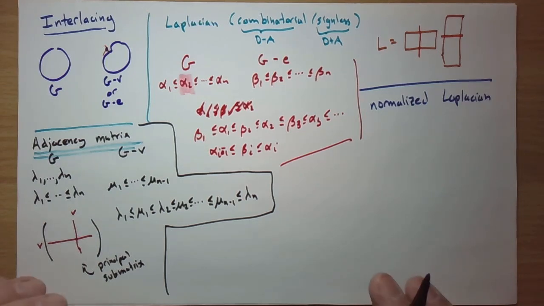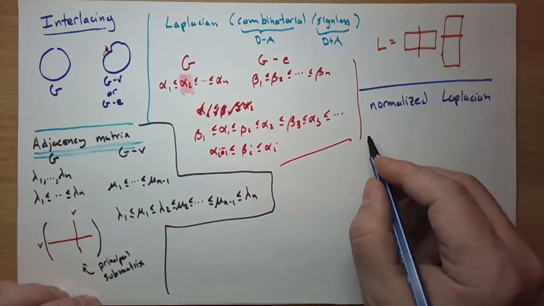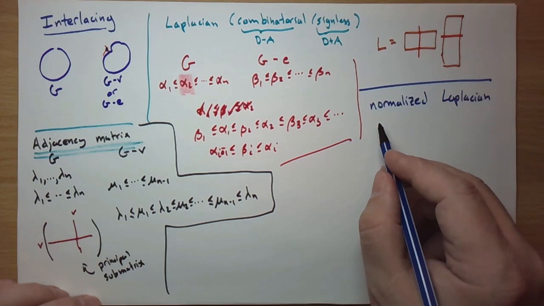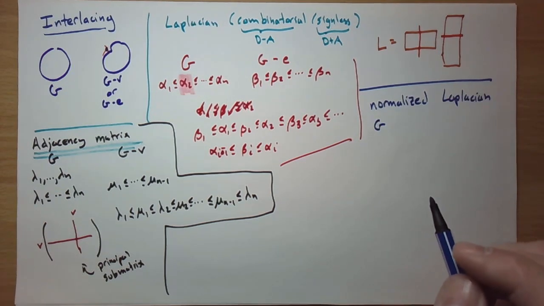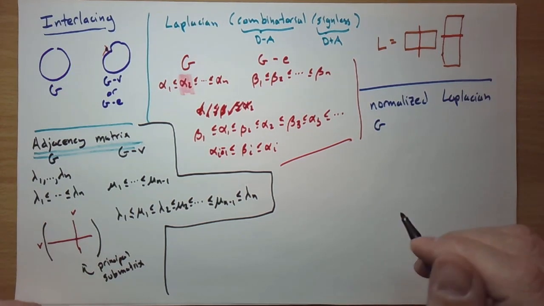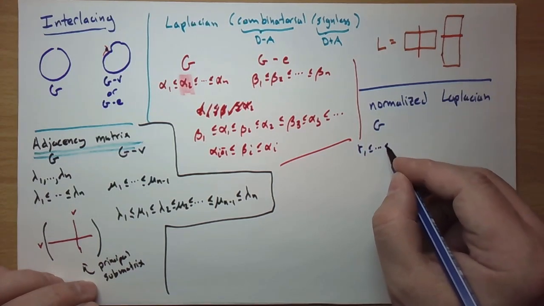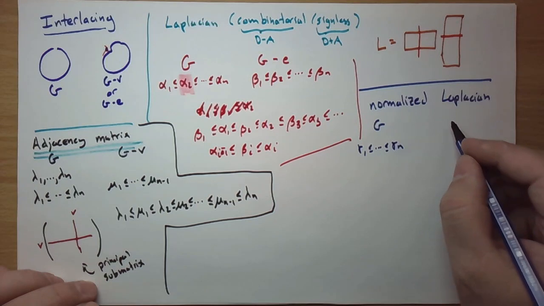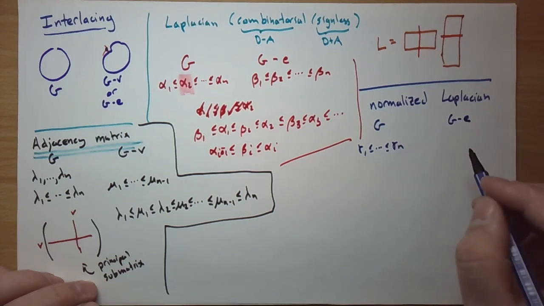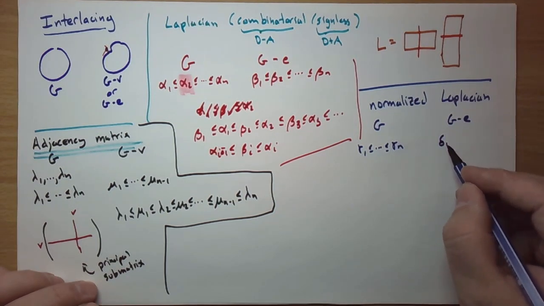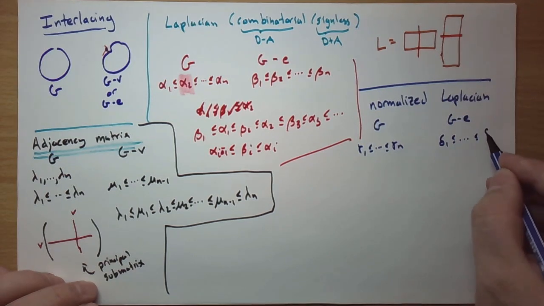Now, for the normalized Laplacian, it is very similar to the Laplacian. So we're going to look at G, and let's see, where are we in our alphabet? I guess we'll go with the gammas. You have gamma 1 all the way up to gamma n, and you look at G minus an edge, and that's delta 1 all the way up to delta n.